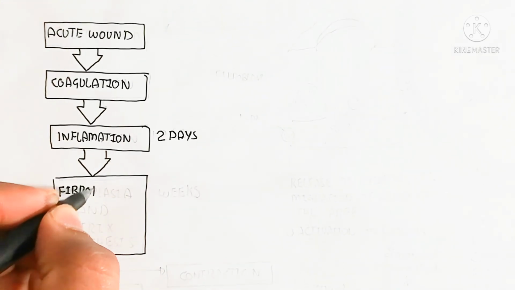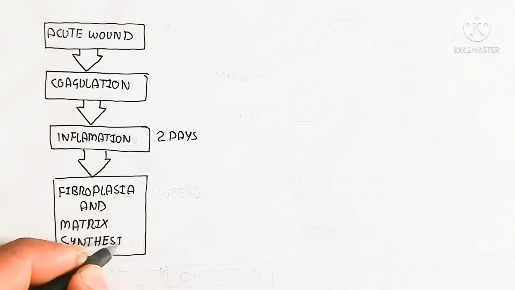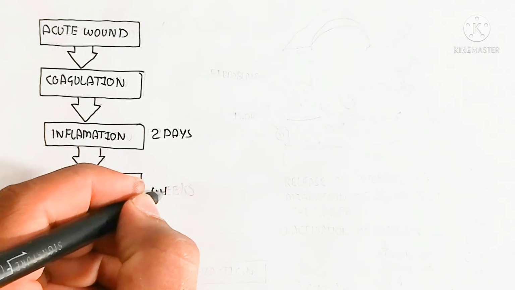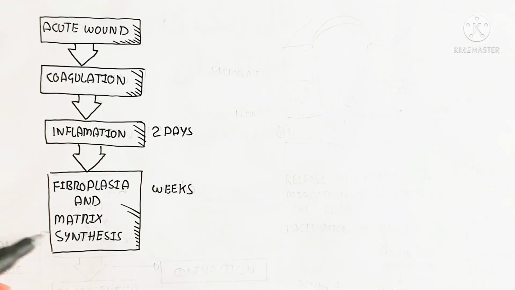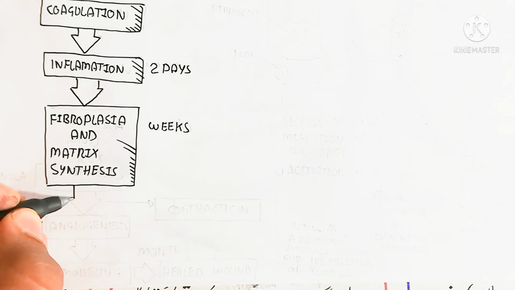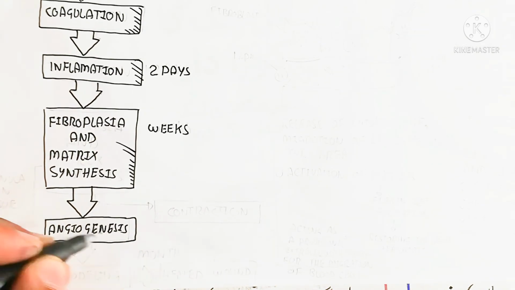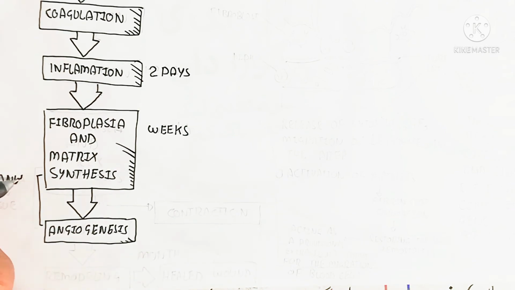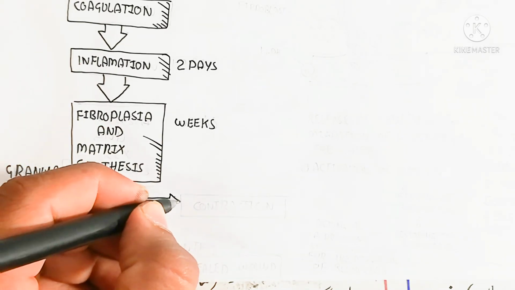First is the acute wound, and next is coagulation and inflammation within 2 days. Then fibroplasia and matrix synthesis: the fibroblast will synthesize the collagen within the week, and granulation tissue formation will occur, with angiogenesis, meaning blood vessel formation.